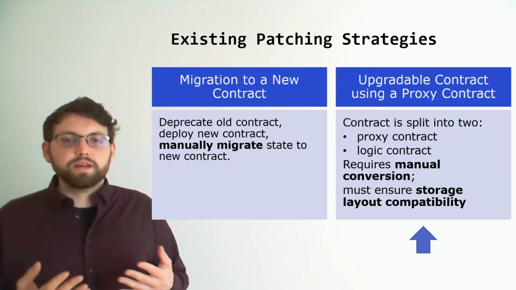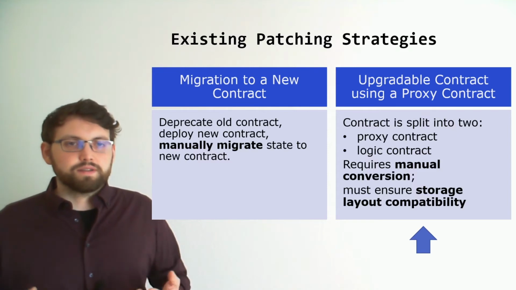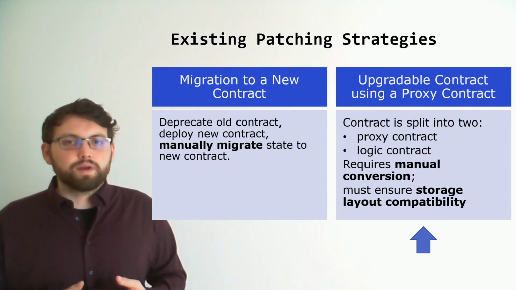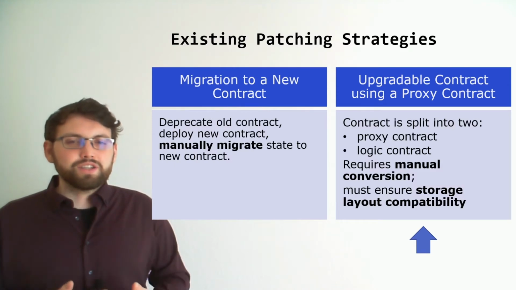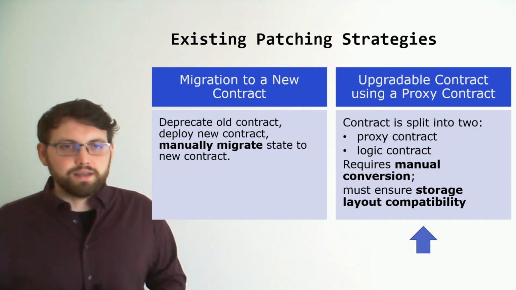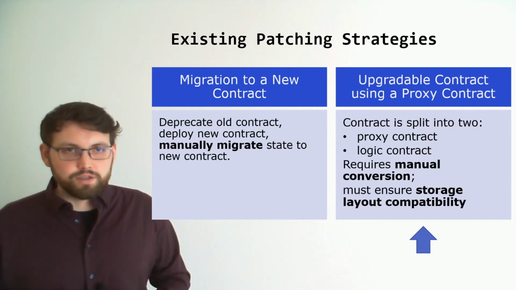Now, the problem here is you have to manually convert your contract to use this pattern. It is not trivial to write a good proxy logic contract pair. And additionally, you have to ensure a thing called storage layout compatibility. This means you have to ensure that once you deploy a second logic contract, it really uses the same storage layout.